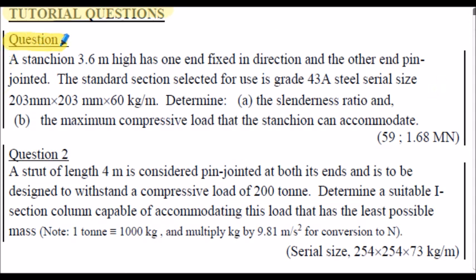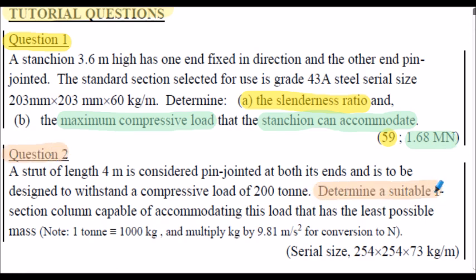Question 1 shown here. We're asked to determine the slenderness ratio shown here and calculate the maximum compressive load that a stanchion or a strut can accommodate. Answer shown here. Question 2. We're asked to determine a suitable I-section column capable of accommodating the load stated in the question.